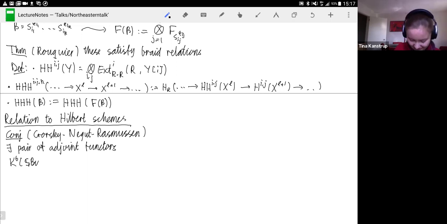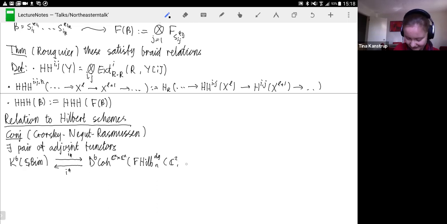So I'll have two gradings, and then my space will be what's called the DG flag Hilbert scheme.